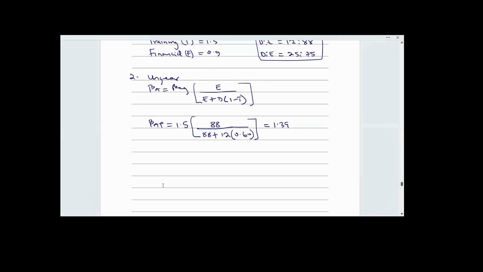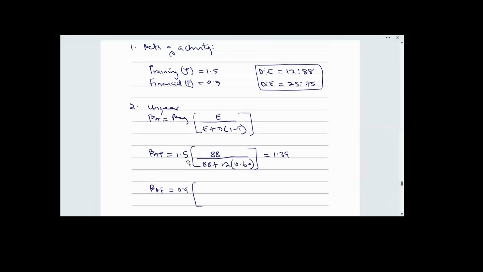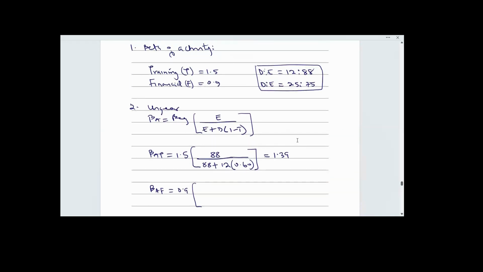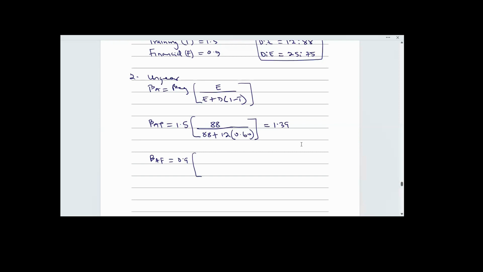I need to calculate the beta asset of financial service, which is 0.9, into the debt equity proportion of financial service, which is 25 to 75. So equity is 75. E is 75 over 75 plus D, 25. Tax rate is 40%, so we are accounting for 60%.